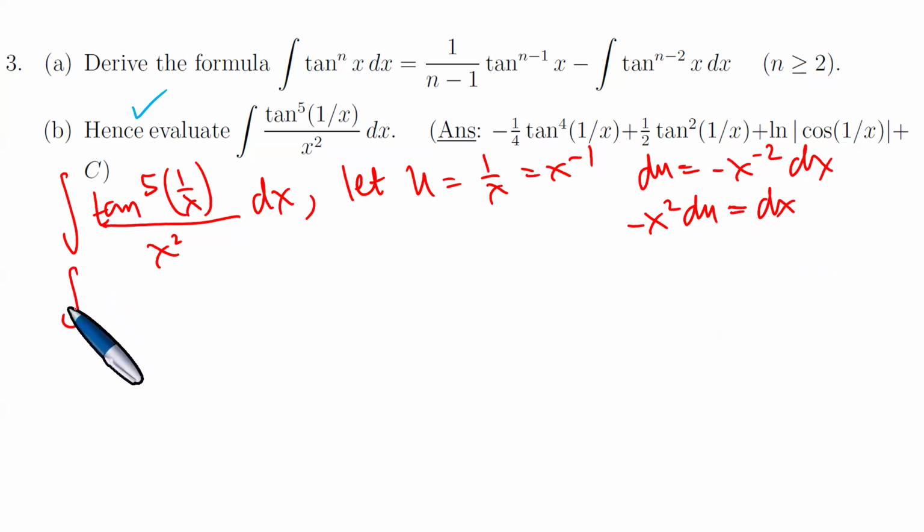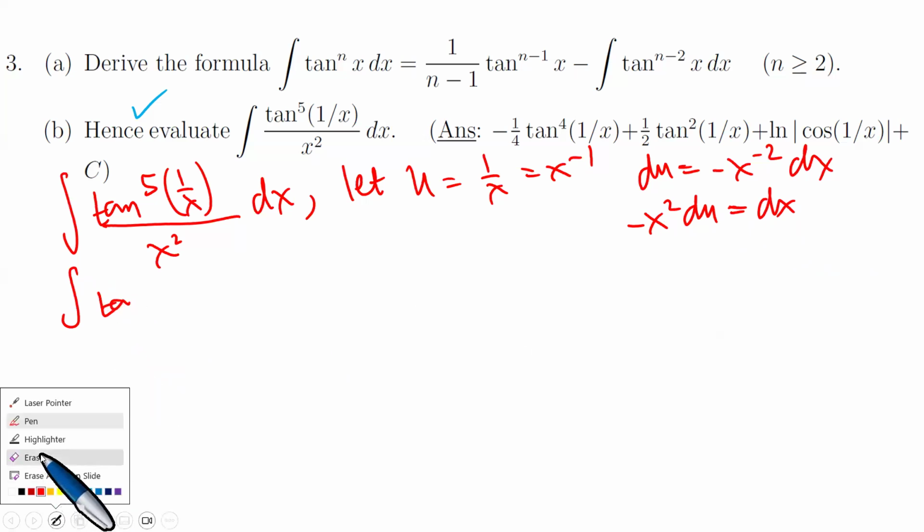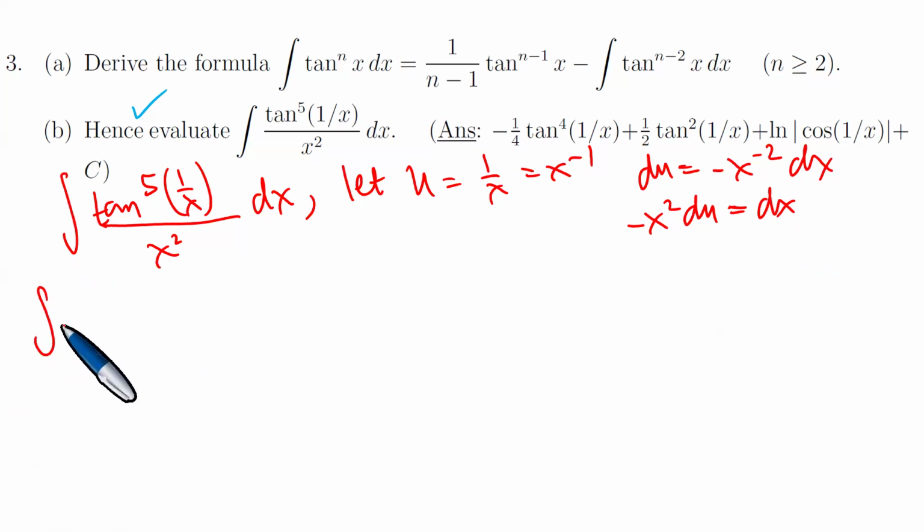Now come here and say the tangent to the fifth power, then here you have u, divided by exactly x squared, but the dx is minus x squared du.